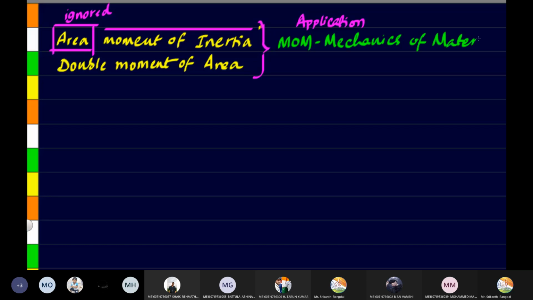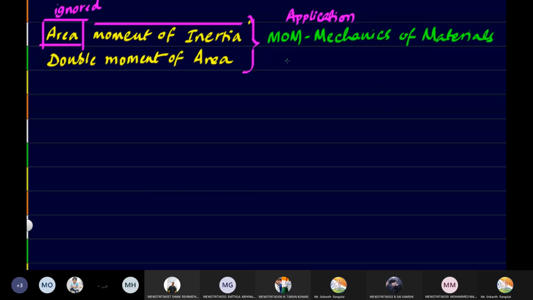Where did you use it? Bending of beams. Okay. So Durgesh sir has given you that funny formula, no? The bending equation.